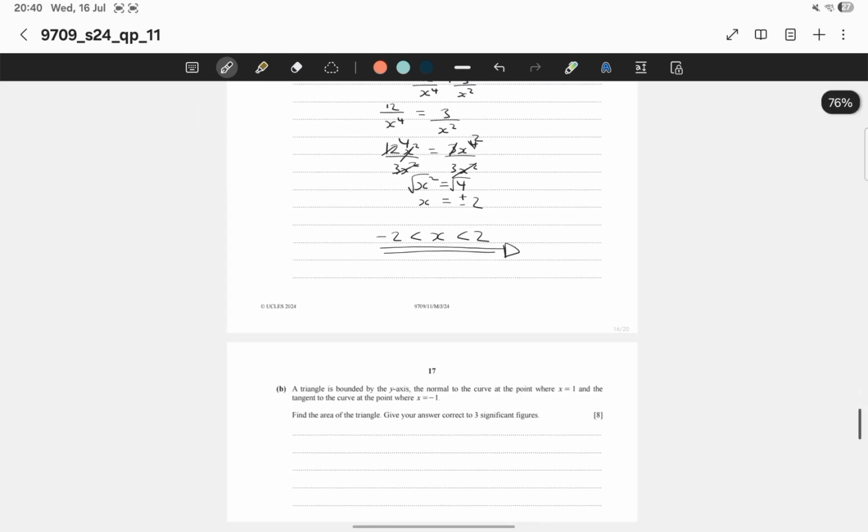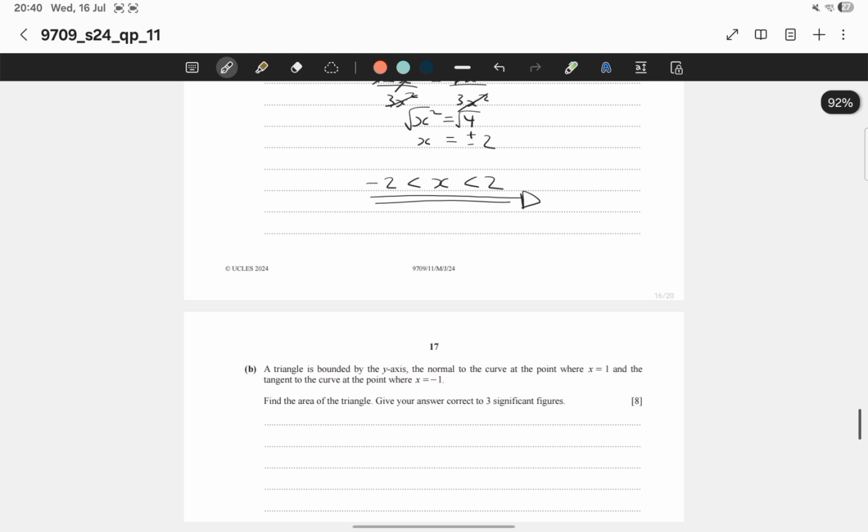Part B now says a triangle is bound by the y-axis, the normal to the curve at the point where x is 1, and the tangent to the curve at the point where x is minus 1. Find the area of the triangle, giving your answer correct to 3 significant figures.